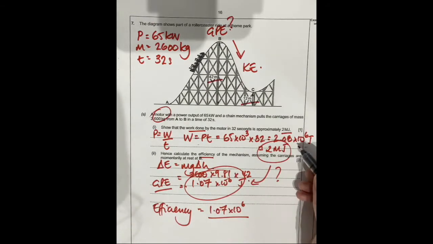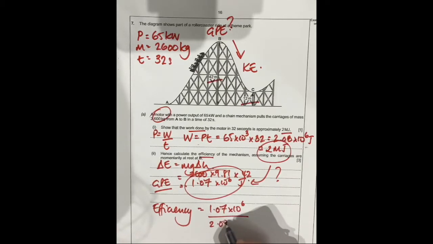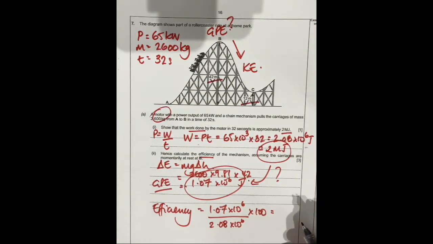I'm going to use, rather than the rounded number, I'm going to use the 2.08, I think, times 100. And you'll get an efficiency of 51.5%.